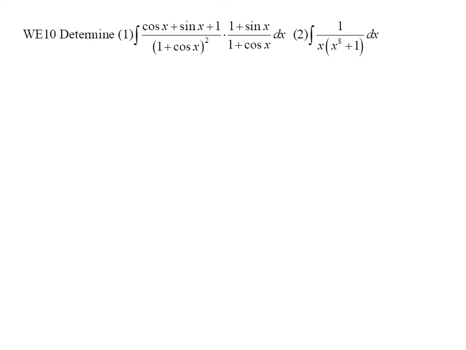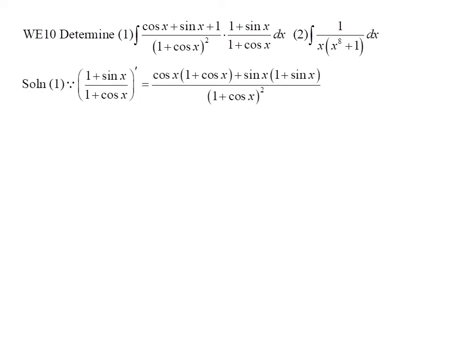Here, example 10 is to determine two antiderivatives. As for the first one, since the differentiation of the fractional function 1 plus sine x all over the sum of 1 plus cos x equals cos x times 1 plus cos x, or in parentheses, plus sine x times 1 plus sine x, or in parentheses, all over 1 plus cos x, or in parentheses, squared, which is simplified to the sum of cos x plus sine x plus 1 all over 1 plus cos x, or in parentheses, squared.